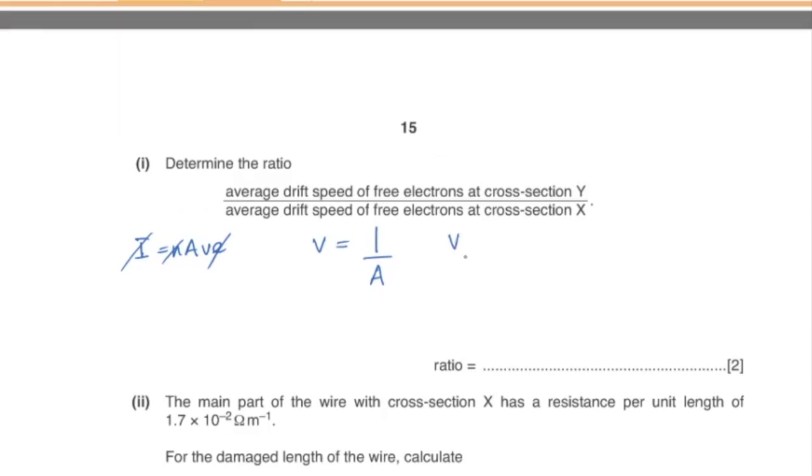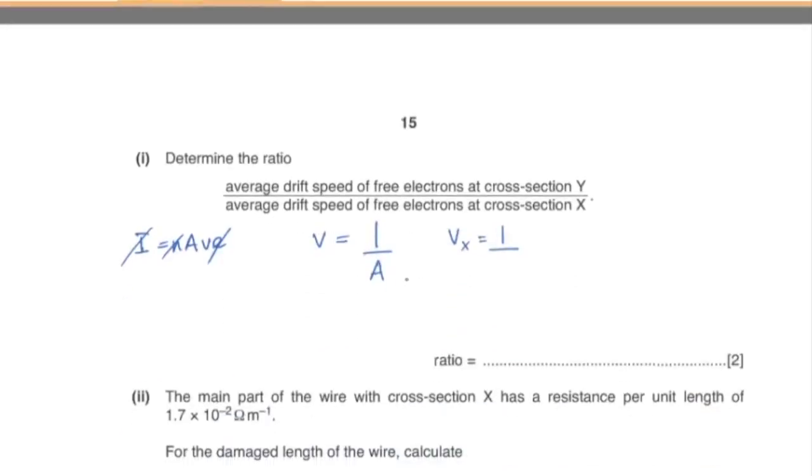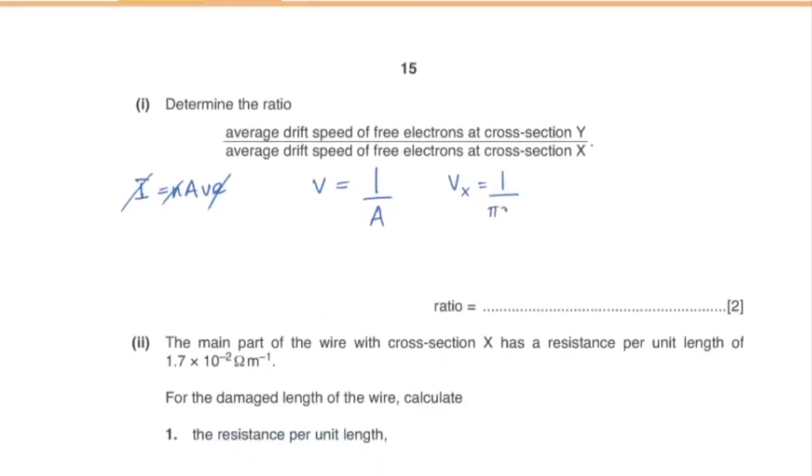The drift velocity at section X is going to be 1 divided by the cross-sectional area of section X. Section X has an area of pi d squared by 4. So 1 divided by pi d squared by 4 becomes 4 by pi d squared.